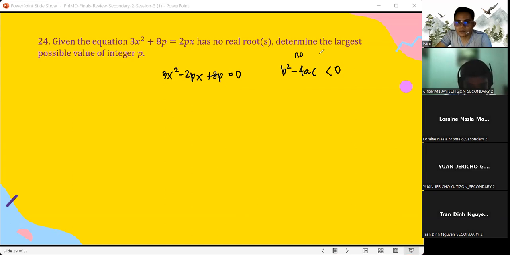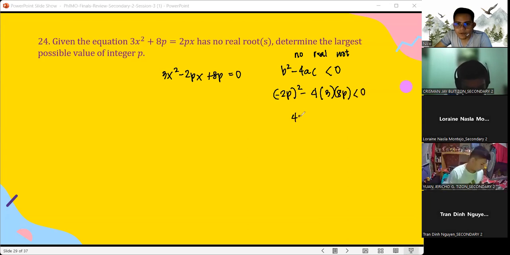Diba? Meaning no real root, right? So in this case, the b value here is 2p squared minus 4 times 3, the a here, times the c value, which is 8p, is lesser than 0. So 4p squared minus 4 times 24p. Okay, factor out 4p.